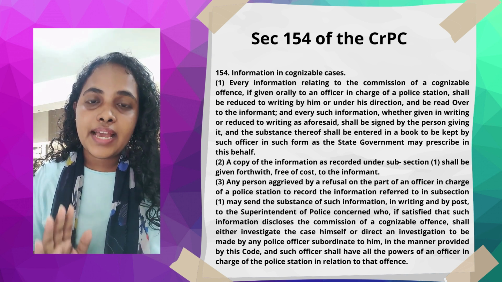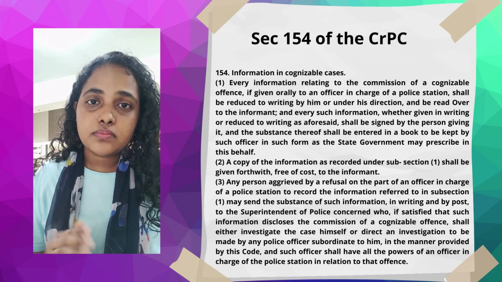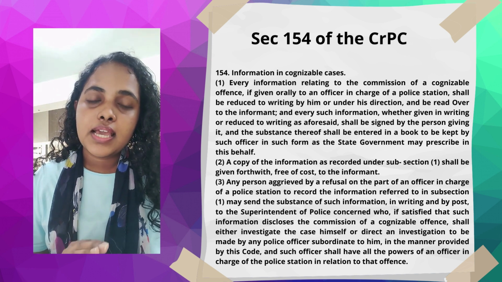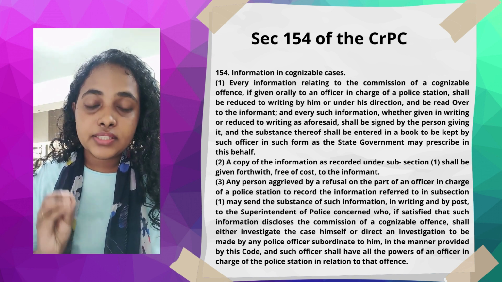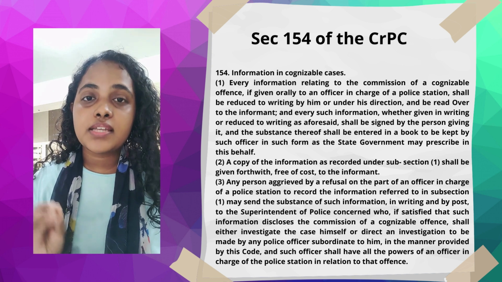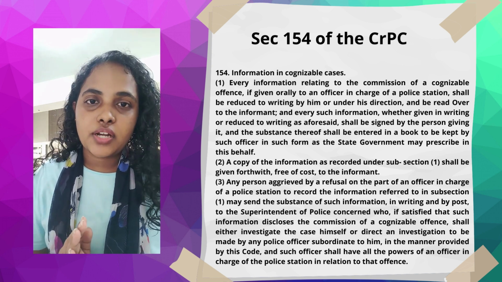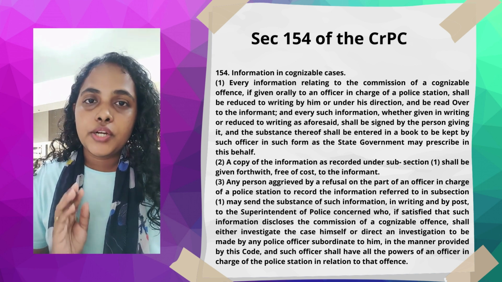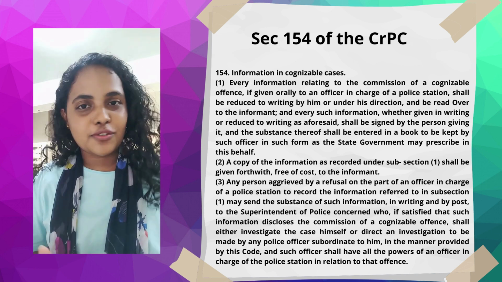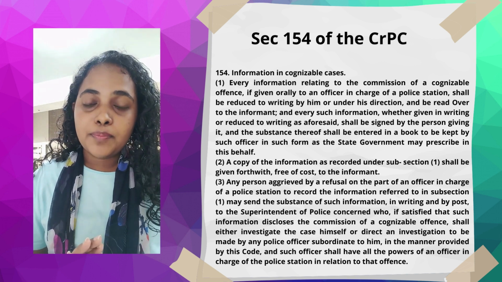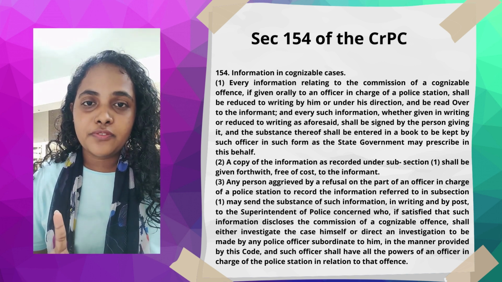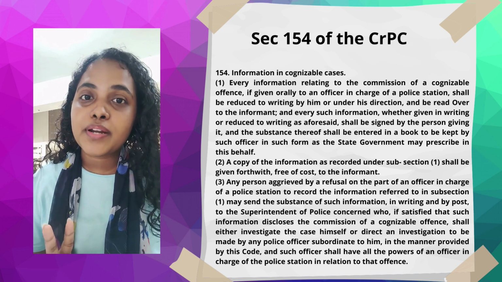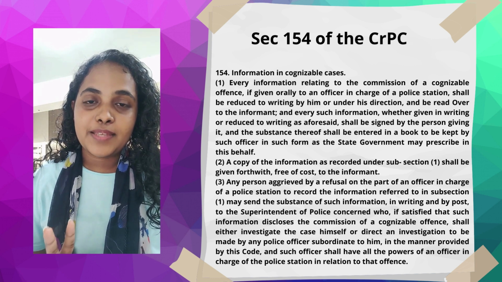You can send that through post to the superintendent of police of that particular area, or the commissioner of police, and if they find that this offence is a cognizable offence and the police must have filed an FIR, they will take action accordingly. They will either direct the subordinate, or they themselves will do the investigation as prescribed in this code. So that is all about when the FIR will be filed by the police officer, and if they refuse, what is your remedy to proceed against the same.